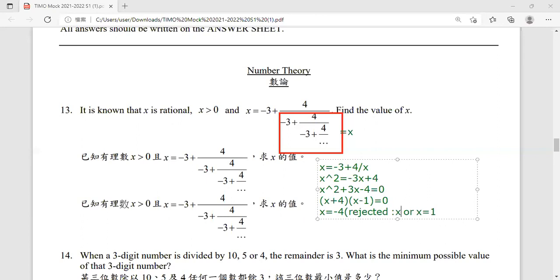So the value of x is 1. But if you check by putting x equal to -4, it goes okay. So there are two solutions, but because x is greater than 0, you have to take x equal to 1.